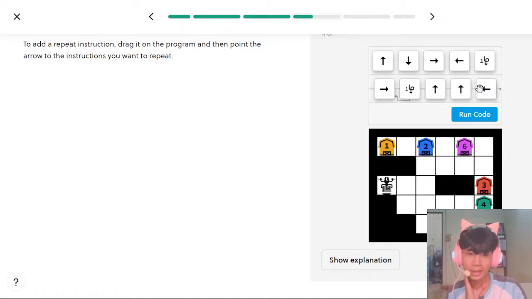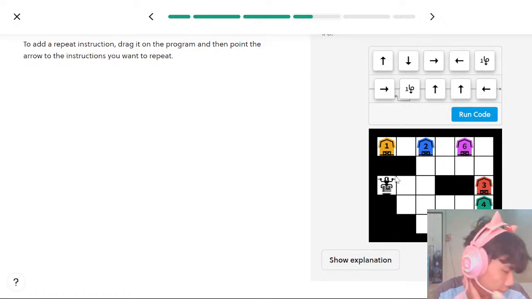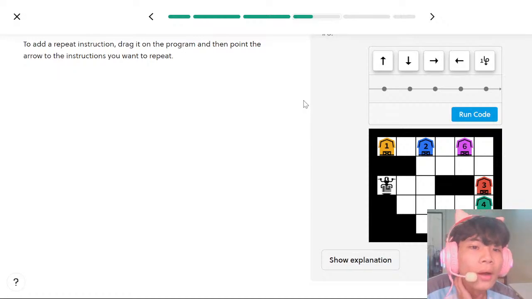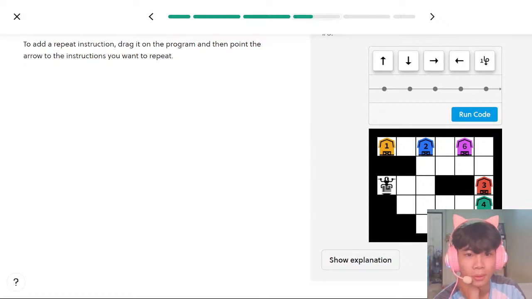It's not easy, guys. What I need to do right now is repetition. Go to the right. We just have 5 blocks.